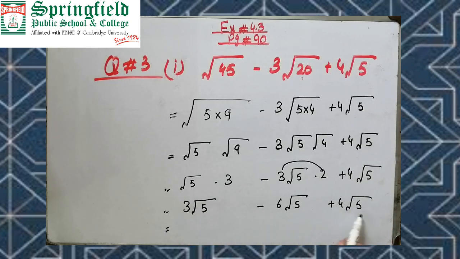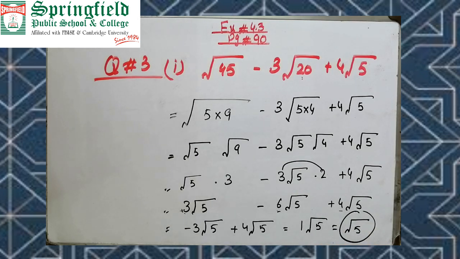So the third values are the same, so we can add and subtract the numbers in front. So 3 minus 6 plus 4, minus 3 plus 4 is just 1 under root 5, and it can be written as just under root 5, and this is your final answer.